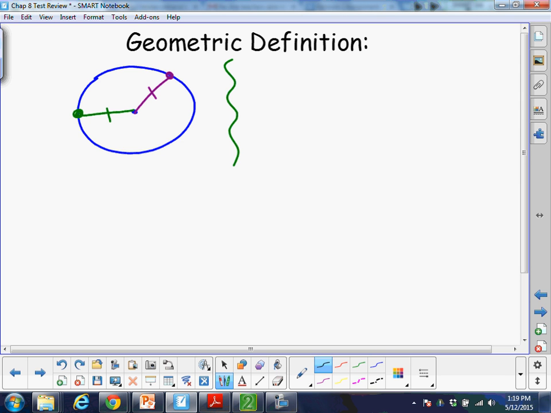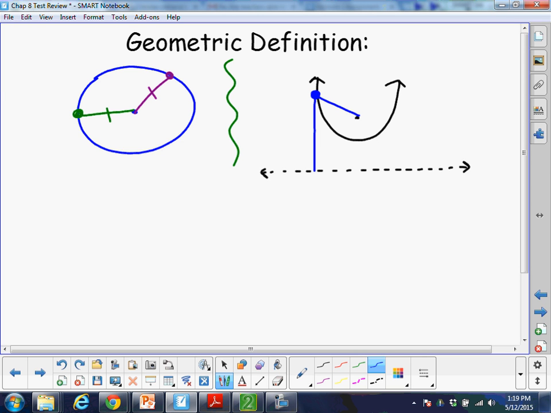For a parabola, the geometric definition says that you have a parabola, a focus, and a directrix line, and any 2 points. Okay, let's do one at a time. If you took any point on the parabola, and my drawing's not super accurate, that distance and this distance to the directrix would need to be the same.